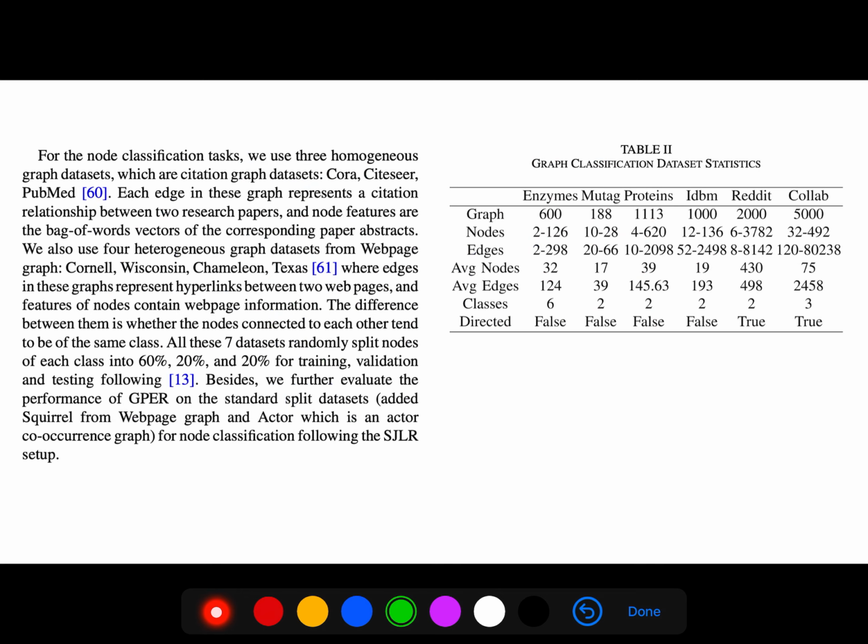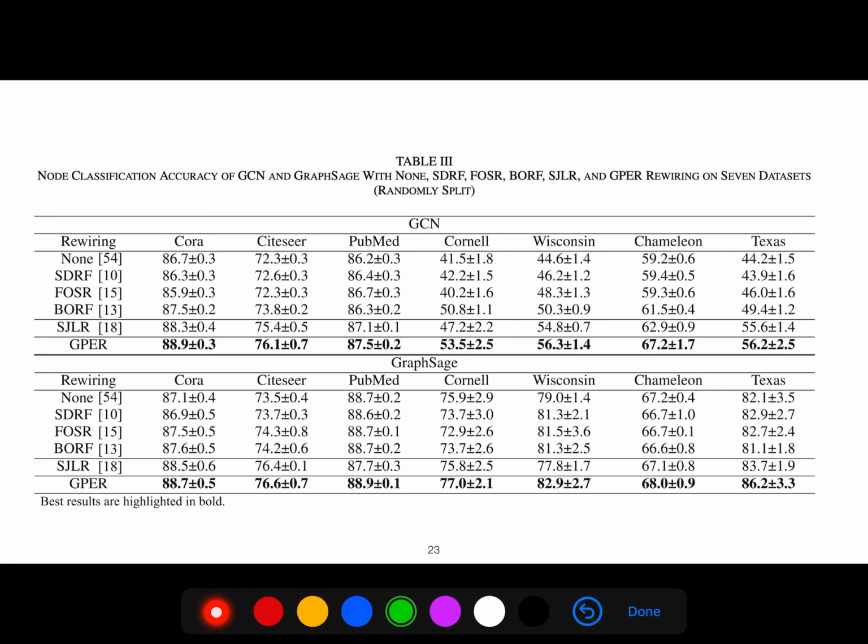And they did experiments on these datasets like Reddit, Mutag, Enzymes, Collab, and Proteins, and for different models, for example, graph convolutional networks and GraphSAGE. These are the baselines, and then they see what happens for different datasets like Wisconsin, Chameleon, which is very difficult.